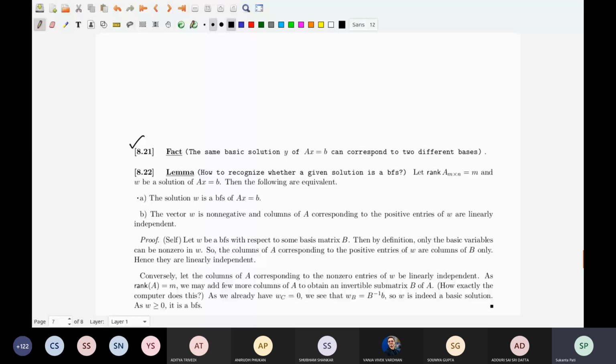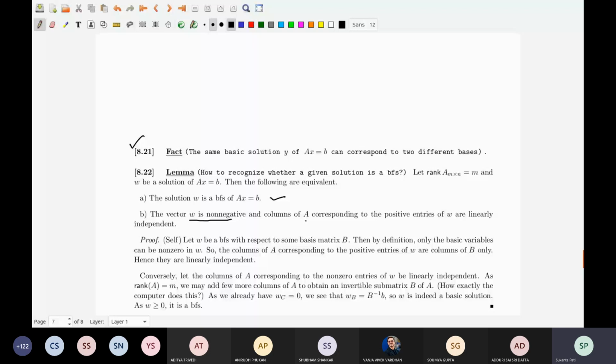The solution w is a BFS of Ax equal to b if and only if w is non-negative, and wherever w is positive, remember, if it has come by substituting some xc equal to 0, then the positive entries must correspond to the basis, and therefore the corresponding columns have to be linearly independent. So that is what it says: w is non-negative and the columns of A corresponding to the positive entries of w are linearly independent.